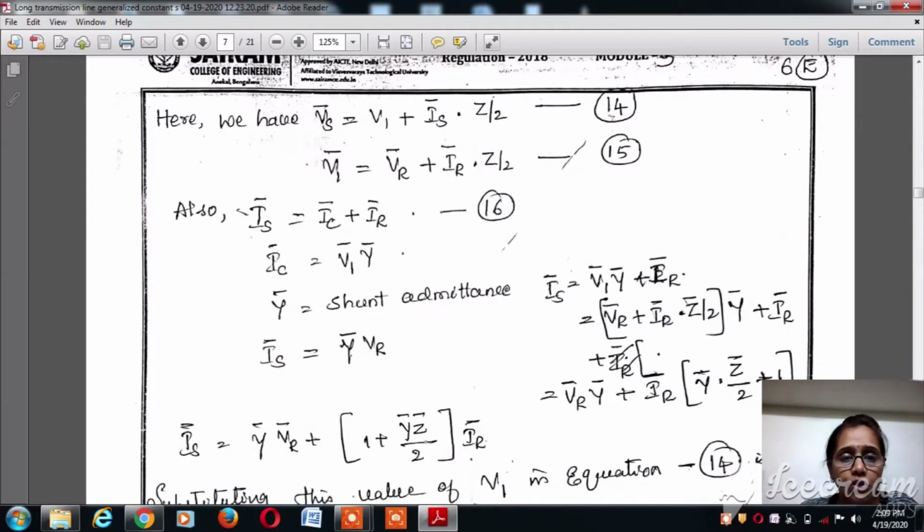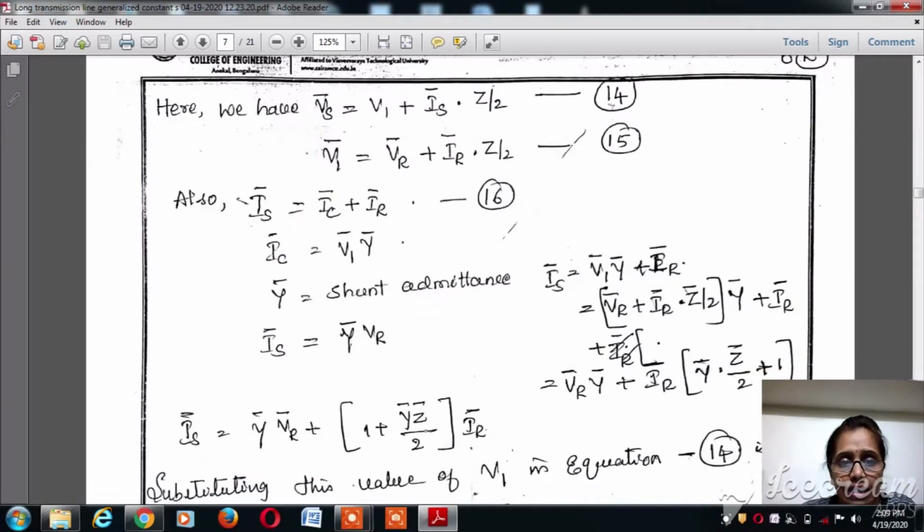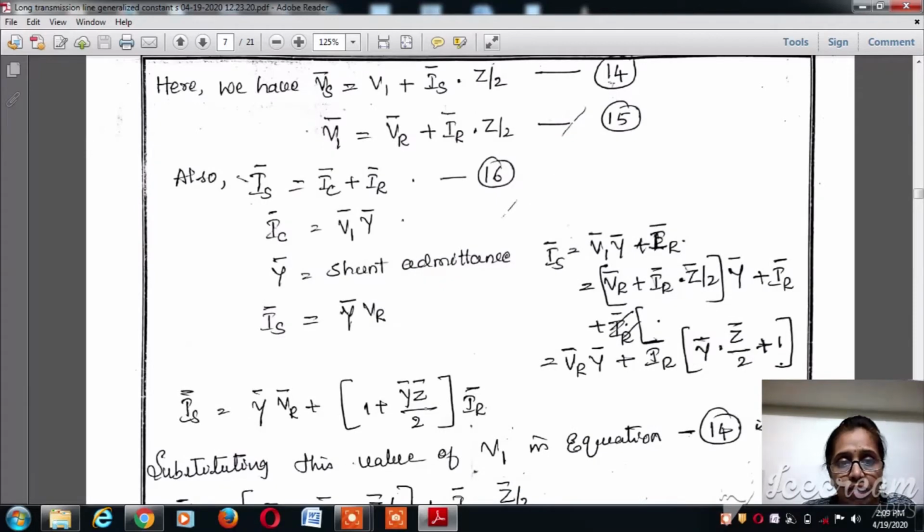Now also we can say that Is is equal to the vectorial sum of IC plus IR. IC is equal to V1 into the admittance of the circuit, that is Y, where Y is a shunt admittance. So Is is equal to V1 into Y, that is IC, plus IR.